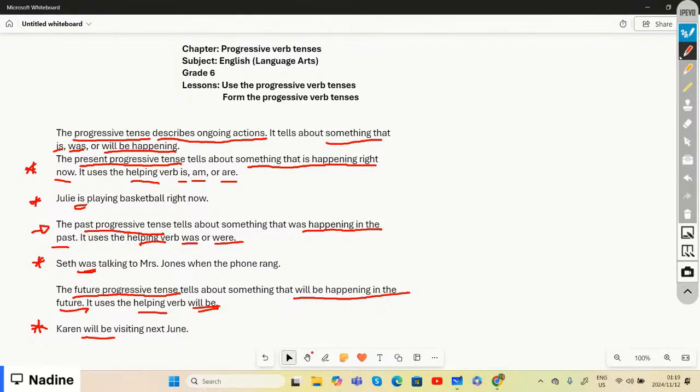It tells about something that was happening in the past. It happened already in the past. And it uses the helping verb was or were. And then we have the future progressive tense. It tells us about something that will be happening in the future, and it uses the helping verb will be.